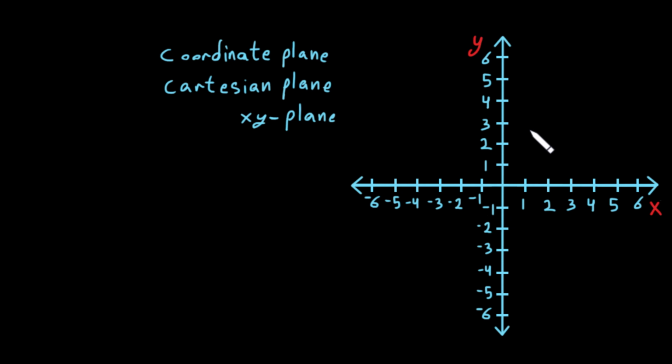The coordinate plane has a horizontal x-axis and vertical y-axis. They meet at the origin, which is here, 0, 0. So this is the origin. If you have a point x, y, if x is positive, you have to go right.